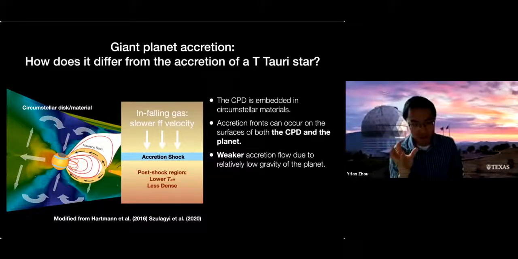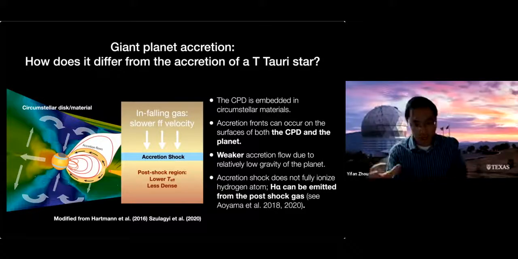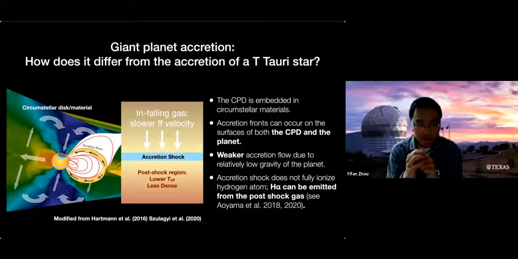Because of the lower mass of the planet and the lower gravity from the planet, the accretion flow is weaker compared to the stellar regime. So the velocity of the accretion flow is lower, and the kinetic energy of the accretion flow is lower as well. Because of the weaker accretion flow, it may not have enough energy to completely ionize the hydrogen atoms at the accretion front.